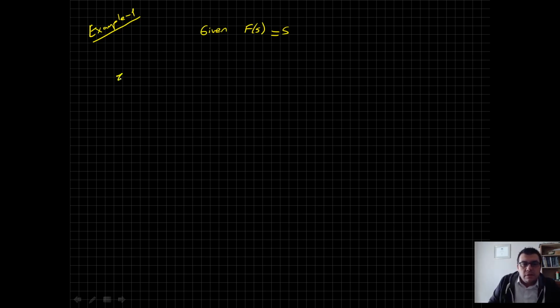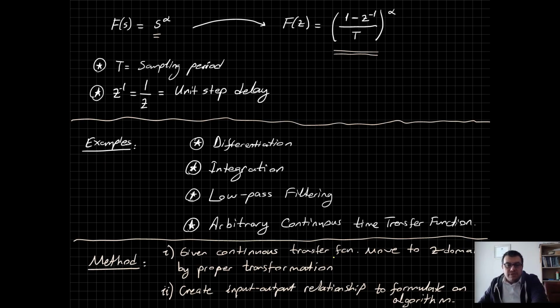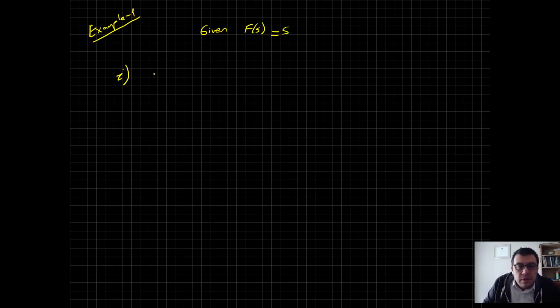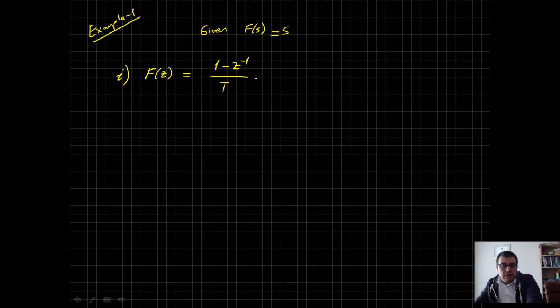So step 1 is given a continuous transfer function, move to the Z domain by proper transformation. Let's do it. f of z is (1 minus z to the minus 1) over T, right? There is no alpha here. The hidden alpha is 1, and I put here hidden power as 1.